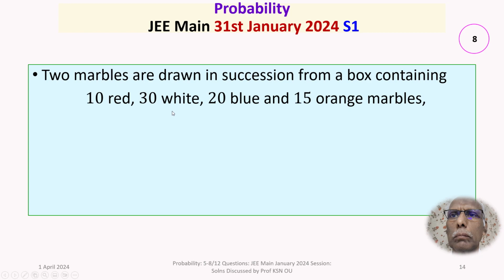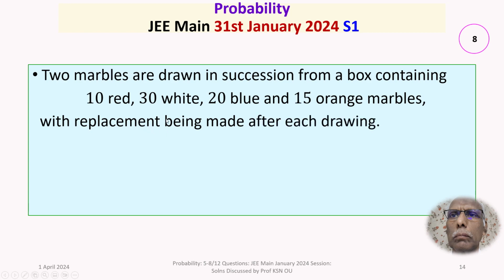2 marbles are to be drawn in succession, one after the other, with replacement. That means after you draw one, then that ball what you got is again replaced into the box, and the total number will remain the same, with the replacement being made after each drawing.